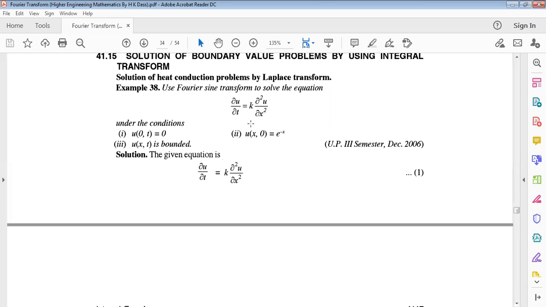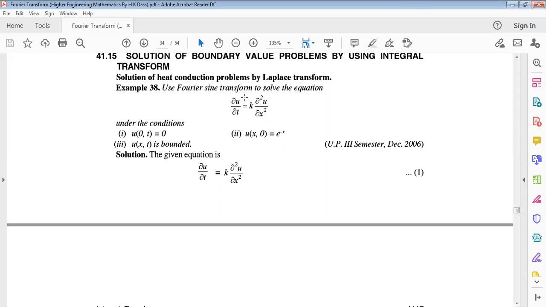Okay. Why is this partial? This is a partial differential equation because there is a single dependent variable and two or more independent variables.